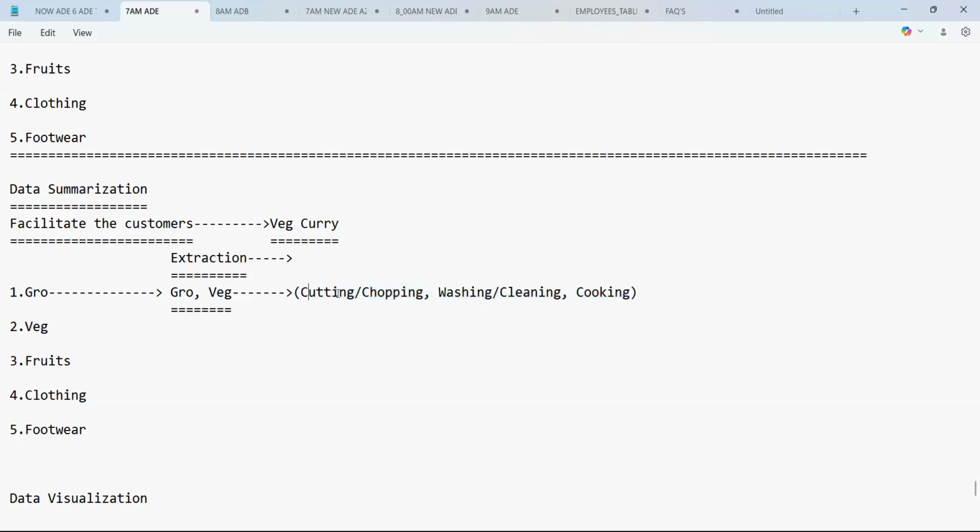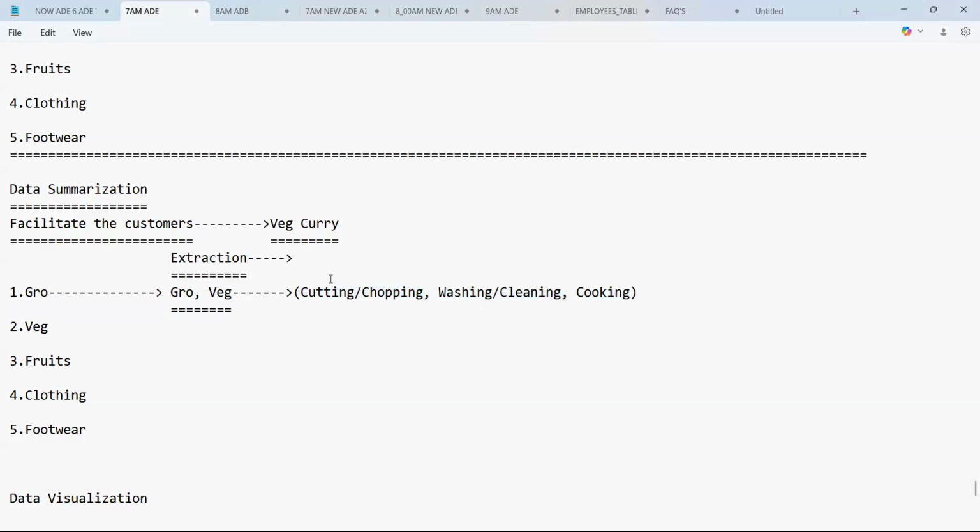Why are you doing all this? To change the form of the vegetables from the raw form to the cooked form.